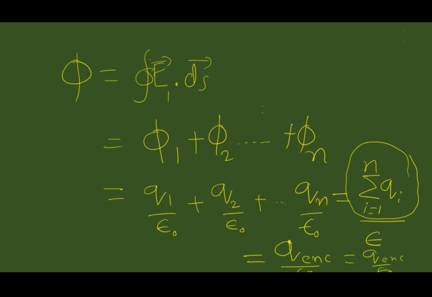Therefore, total flux is equal to total charge enclosed divided by epsilon naught when many charges are present inside.